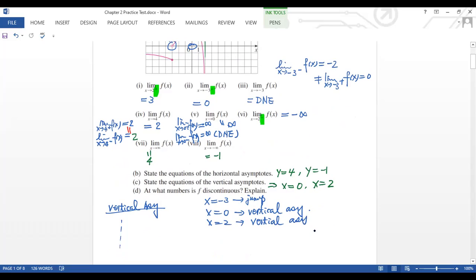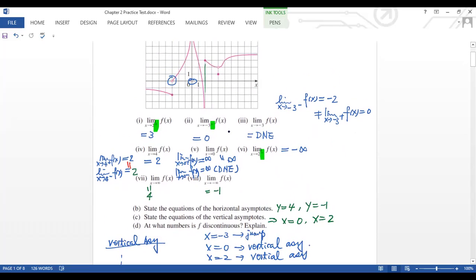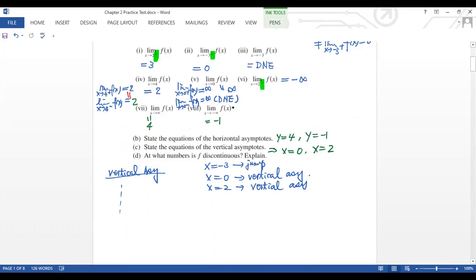Then we have one other point, this point, x equals 4, which is also a discontinuity point, because this is what we call a hole.